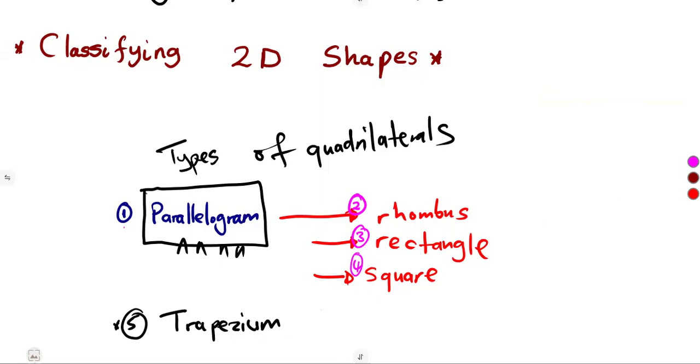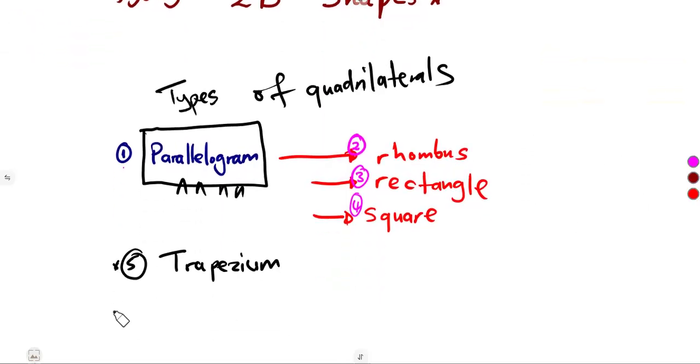And we also have the kite. So these are the 6 typical quadrilaterals that you're going to consider in your examination. Like when they're going to ask questions, they want you to know the properties of each. And even for you to answer the questions, you must understand these properties.